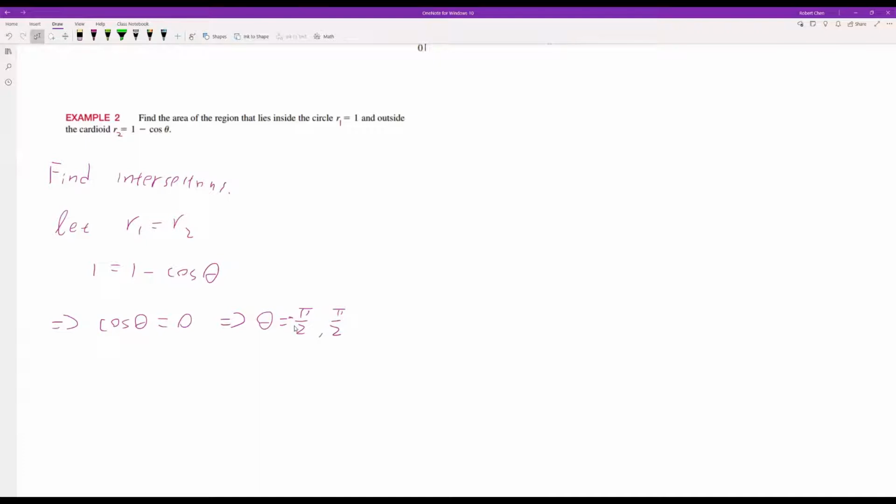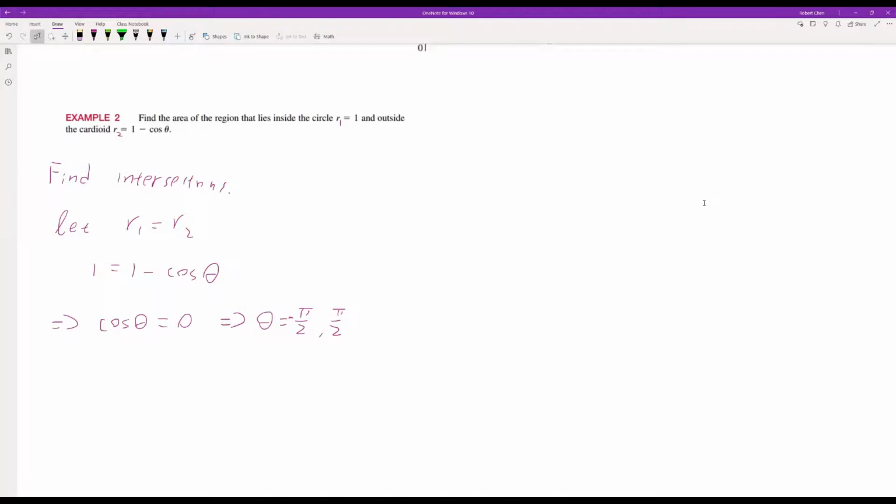Because negative pi over 2 and 3 pi over 2, they both make cosine 0. But we want to make sure which one is the segment that we want, right? Now the easiest way to do that is by graphing, right?